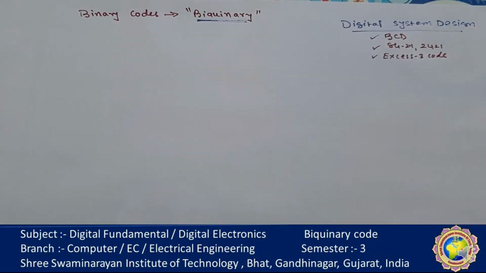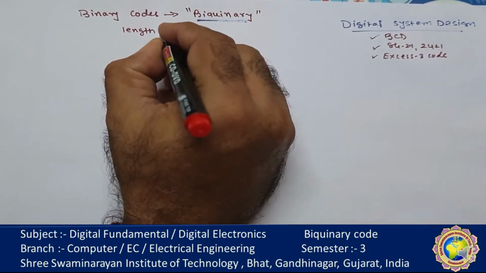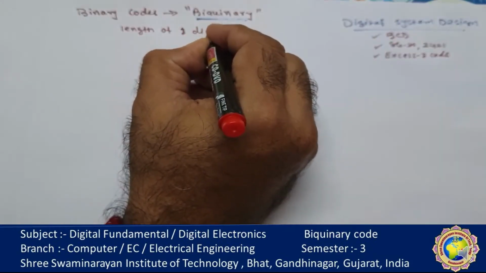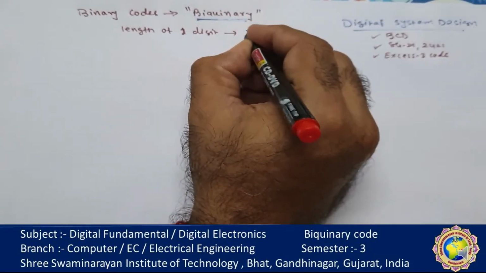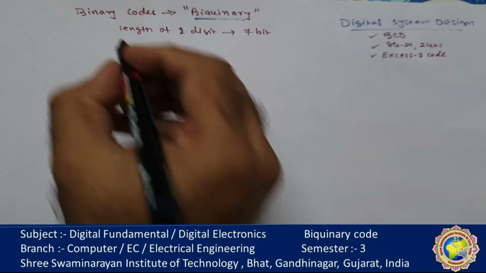Here, in this binary code, the length of one digit is 7 bits. It is a weightage code.